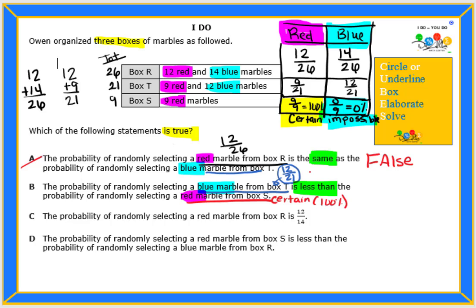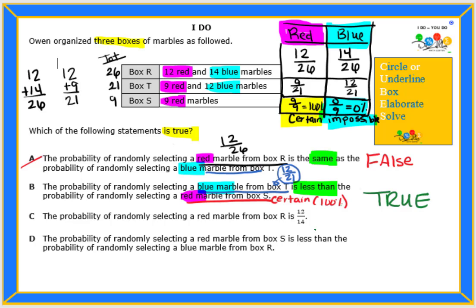Even if I don't figure out the percent, 12 out of 21 is going to give me a percent that is less than 100% because 100% is the highest percent possible. So this is true. Any percent other than 100 is going to be less than 100%.